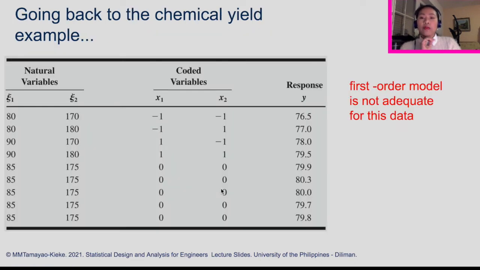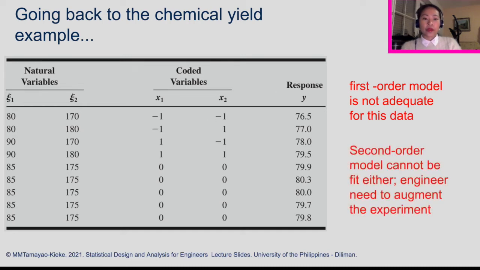Now let's go back to the chemical yield example. From the last lecture, we stopped at a point where the first order model is no longer adequate for the data. As you recall, the next step is to conduct further experiment and fit a second order model.